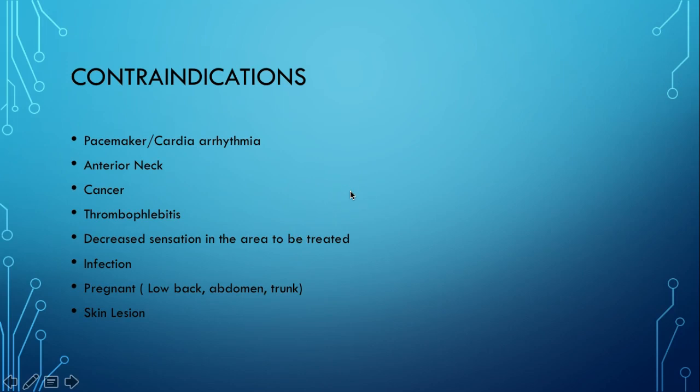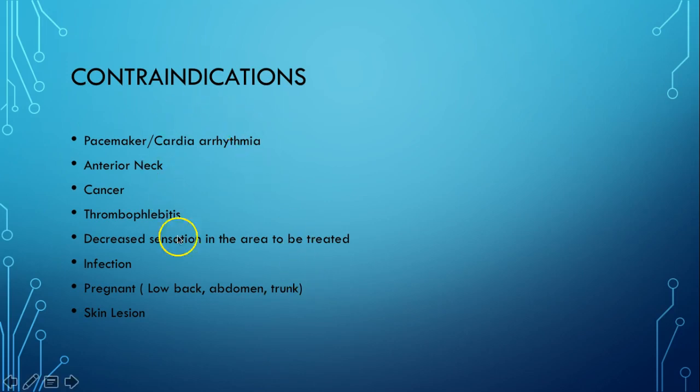Contraindications: pacemaker, cardiac arrhythmia, the anterior neck, cancer, thrombophlebitis, decreased sensation in the area to be treated, infection, pregnant, low back, abdomen, and trunk. And there is a disqualifier here. They do use TENS sometimes during labor and delivery, and you can read about that in Cameron, for skin lesions.